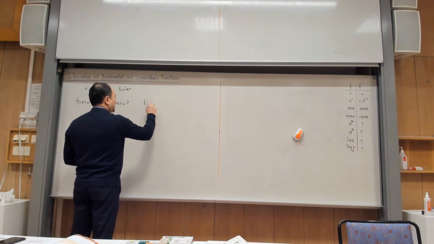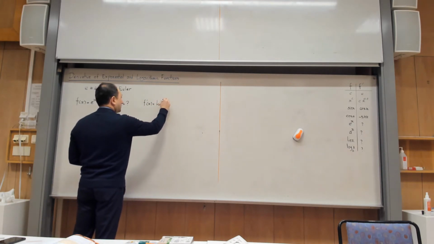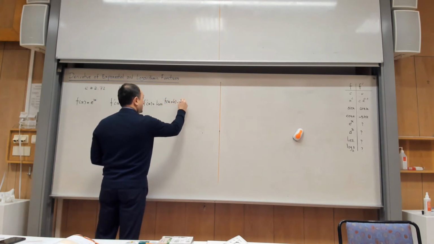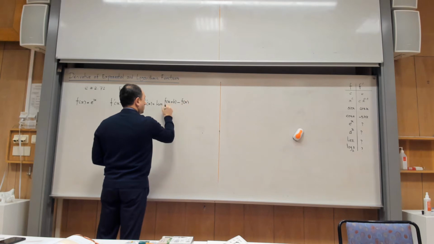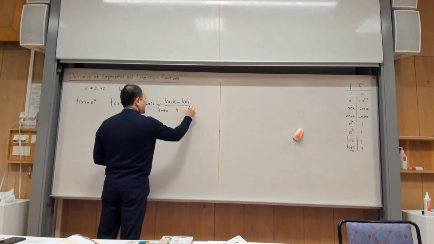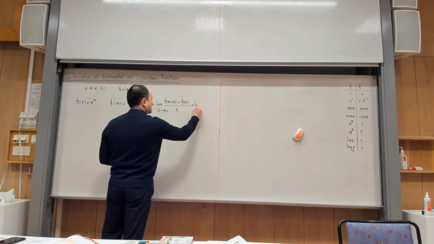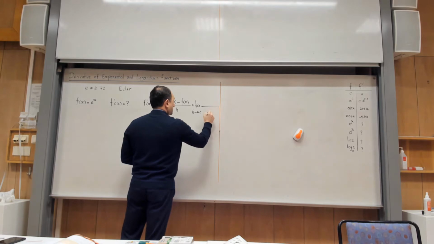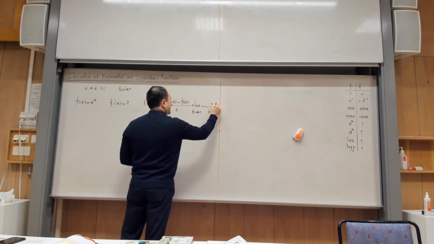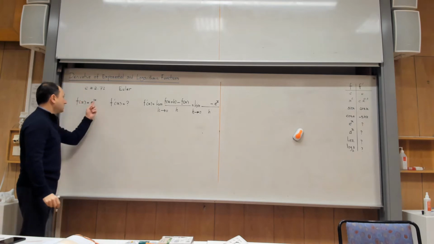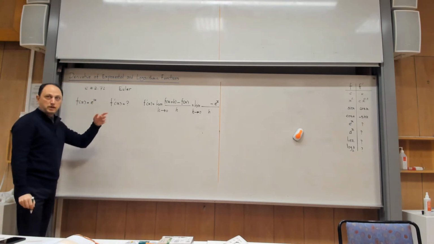So this becomes the limit of f of x plus h minus f of x over h, as h goes to 0. Here f of x is e to the power x, and f of x plus h means that I have to replace x with x plus h everywhere.